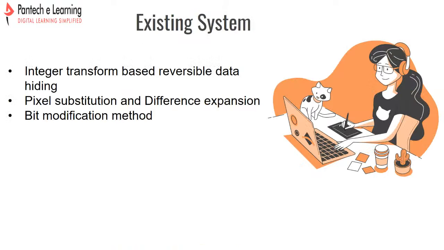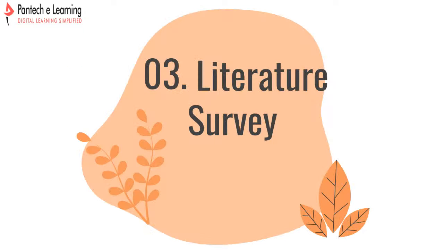The existing system used integer transform and pixel substitutions. Pixel substitution or integer transform comes under the cryptography method, and this cryptography is also very easy to reverse, because they will be able to figure out the data as easily as possible compared to the image.